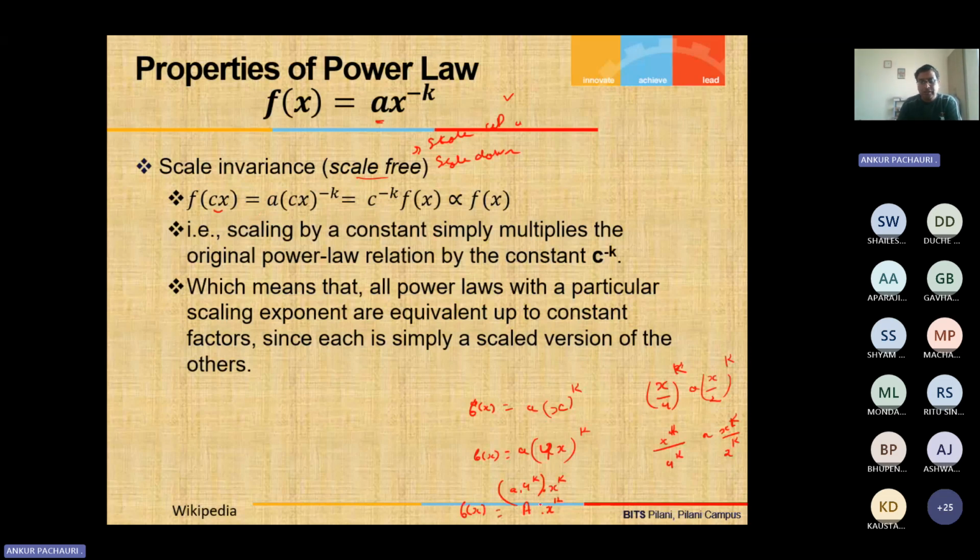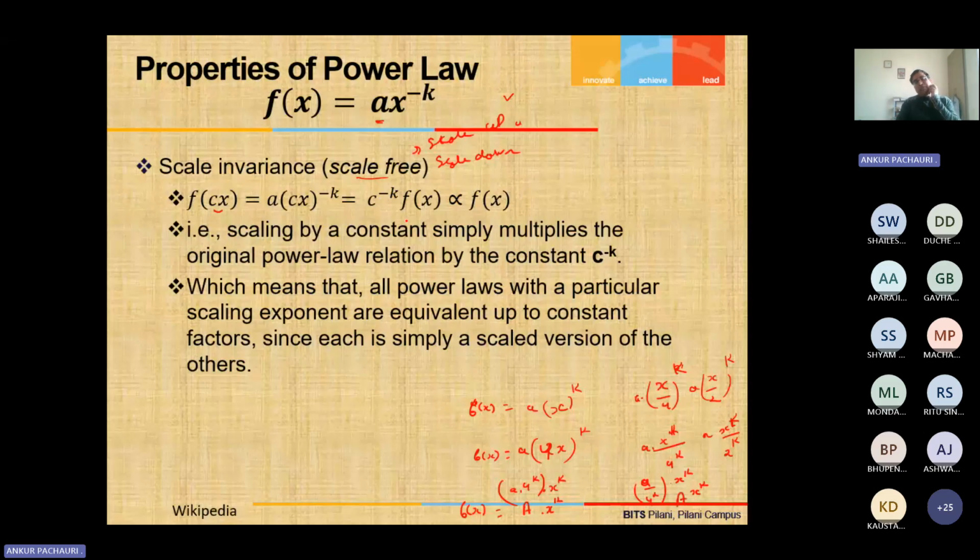f(x) equals a. Now a may have a different value, but the ultimate relation is f(x) equals a into x to the power k. Or if it is scaled down, then a 4 to the power k x to the power k can also be replaced by capital A x to the power k.